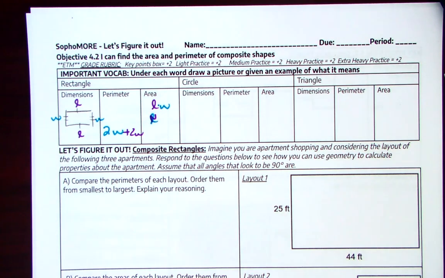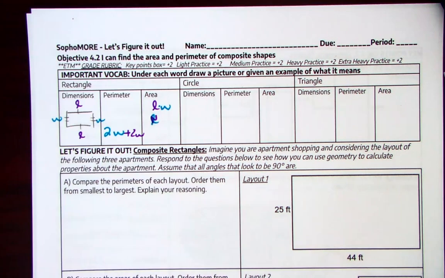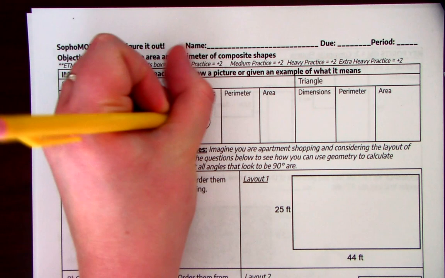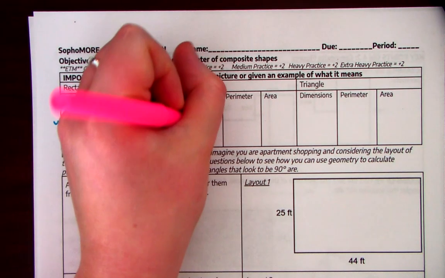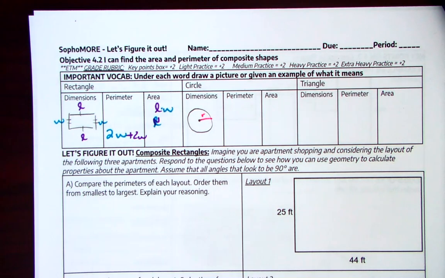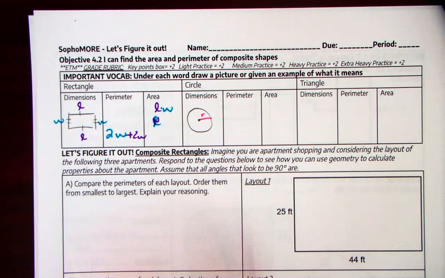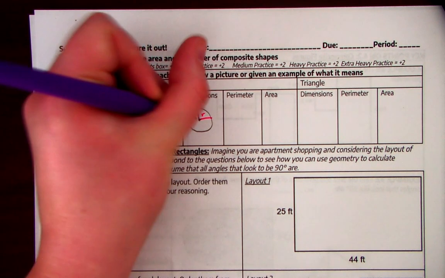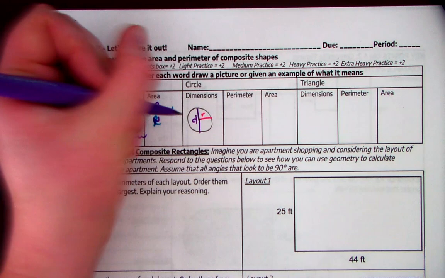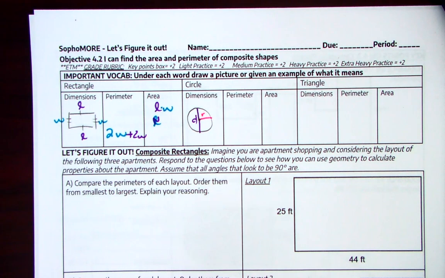For a circle, if we've got a circle here with the center, dimensions that are important to know are the radius, which is the distance from the center to the edge. And then a diameter is when we go all the way through, from edge to edge through the center. That's called a diameter. How we can find the perimeter of a circle, we call that circumference.